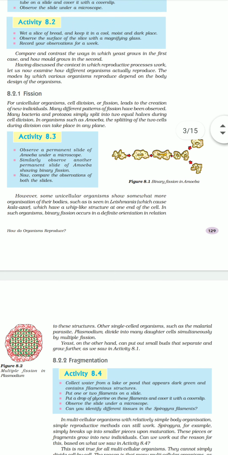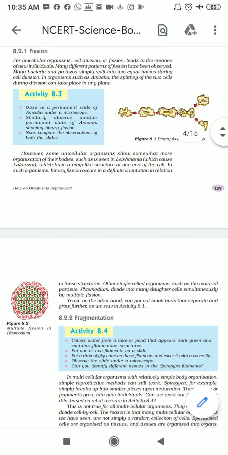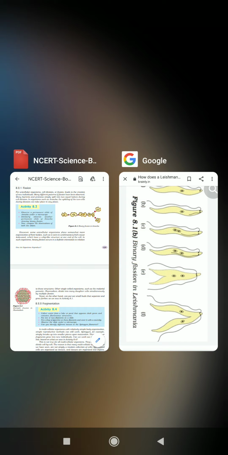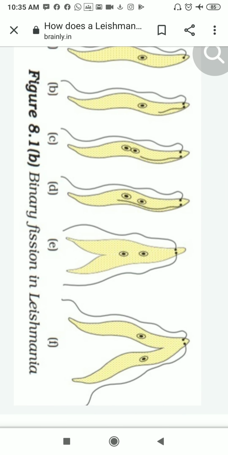The other type of binary fission which I am talking about is longitudinal binary fission. As you can see the figure in your book also, some of you are having this figure, that is binary fission in leishmania. Leishmania is a kind of protozoa which causes kala azar.